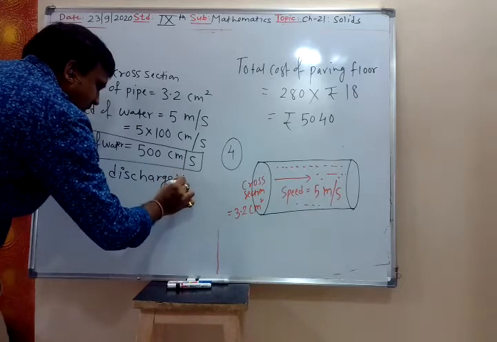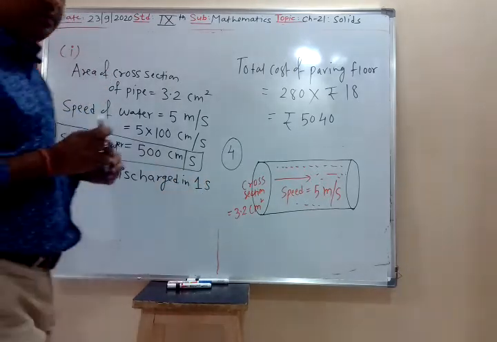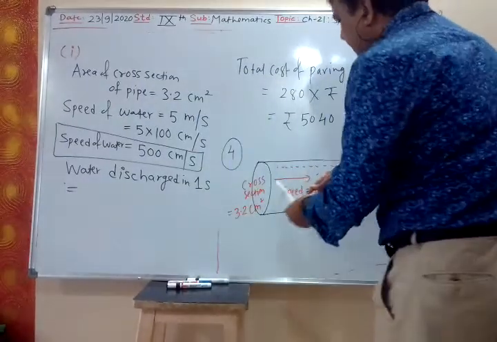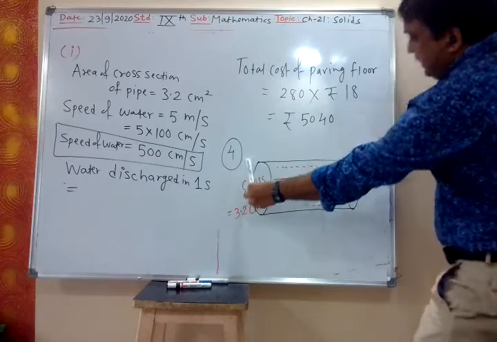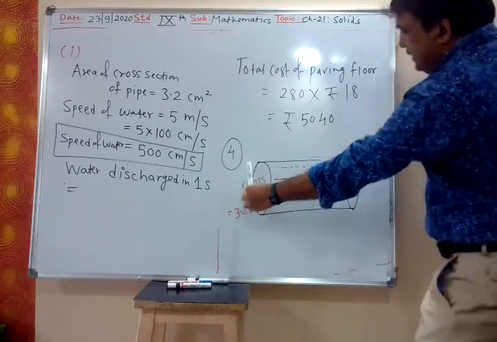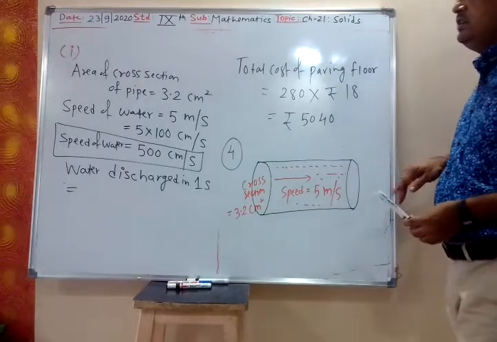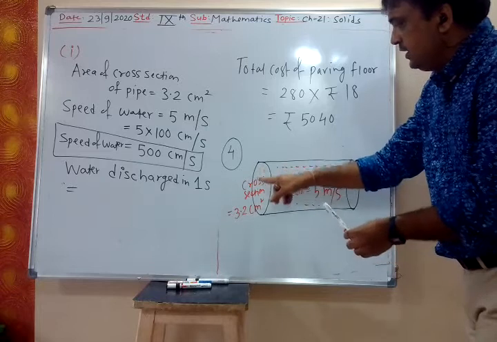See here, this cross section multiplied by the speed will be the water discharge in 1 second.